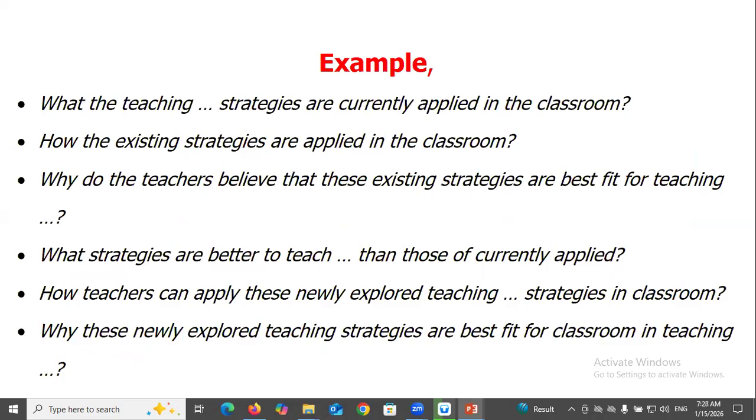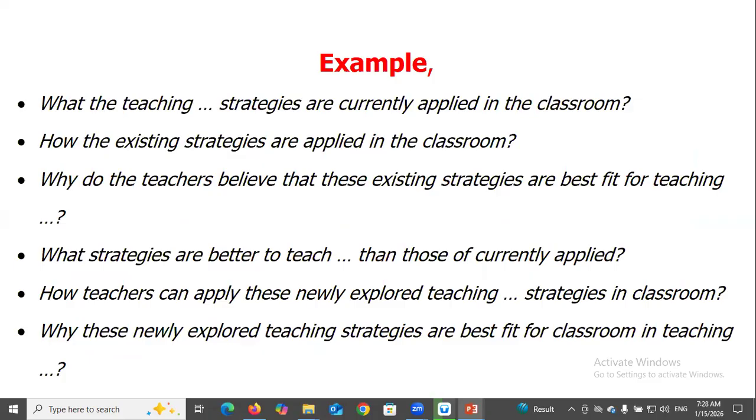Examples: what teaching strategies are currently applied in the classroom? How are the existing strategies applied in the classroom? Why do teachers believe these existing strategies are the best fit for teaching chemistry and physics?